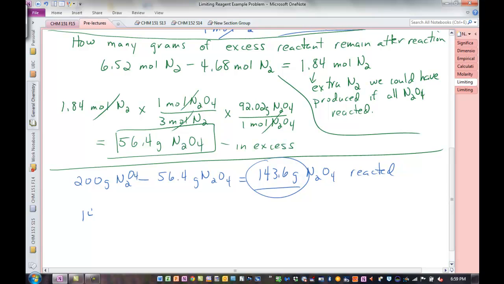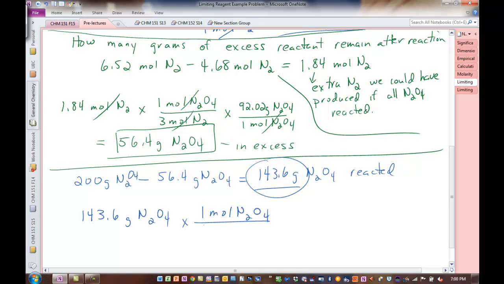So let's do a little more stoichiometry. Stoichiometry is fun, right? Okay, we need moles, right? So we can go to moles of something else. 1 mole of N2O4, 92.02 grams. Again, we have the molar masses and the mole ratio, so you don't have to recalculate these. That will make it not too bad.